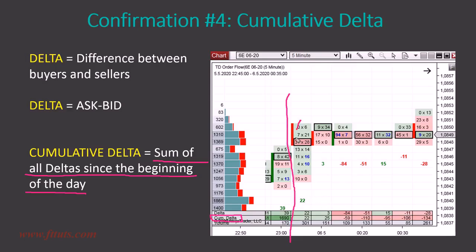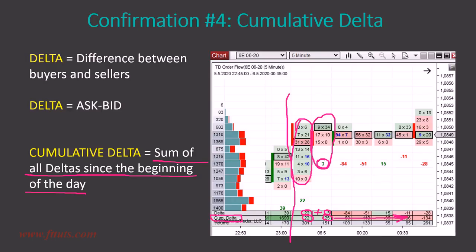The delta of this footprint is 22, so the cumulative delta is also 22. Now, delta from this footprint is 3, and the cumulative delta is 22 plus 3, which is 25, and so on. It continues like that. Alright, this is how cumulative delta gets calculated.